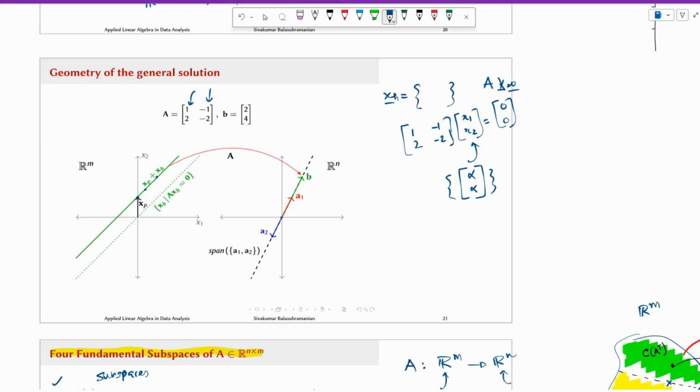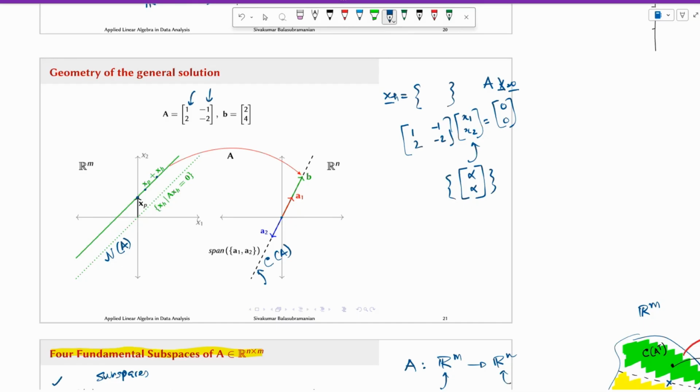If I'm at this point, let's say I produce B. If I move parallel to the homogeneous solution or the null space, I'll still produce B. That's essentially what I meant by saying this entire line produces the B vector. And what can be produced by AX is the column space, and that means this dashed line that you see, that's the column space of A. This is the null space of A.